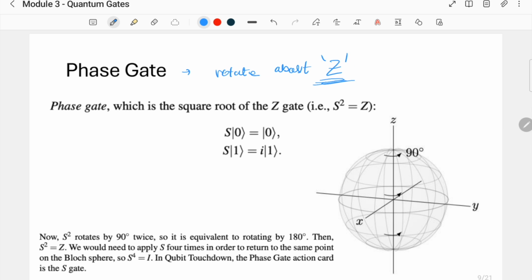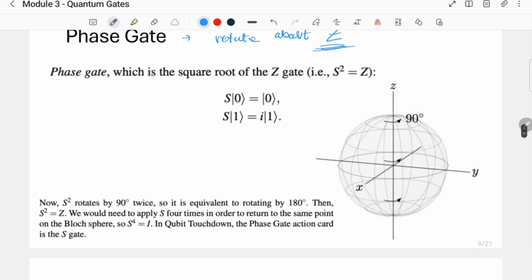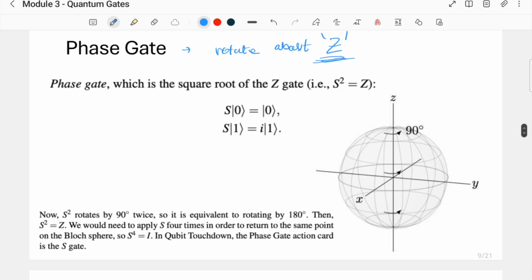You can create phase gates that rotate along the x and y axes as well, similar to the process we'll discuss, but in this module we'll just discuss the phase gates about the z-axis. The first one is the S gate, which is the square root of the Z gate, which means that it will rotate any given quantum state about the z-axis by pi by 2.